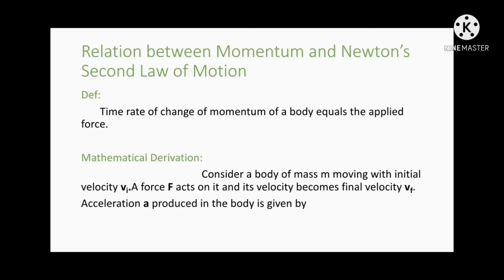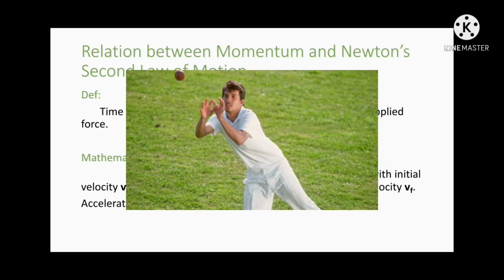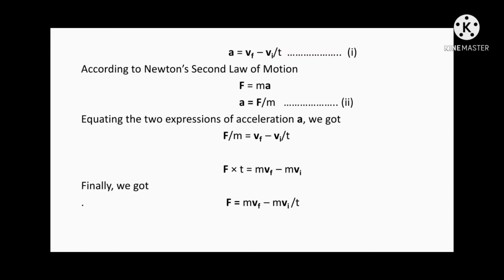Now let's try to understand this concept with the help of an example. For example, when a fielder catches a ball, he moves his hand backward to increase the time of contact. As you can see in this expression, the time of contact is inversely proportional to the force.